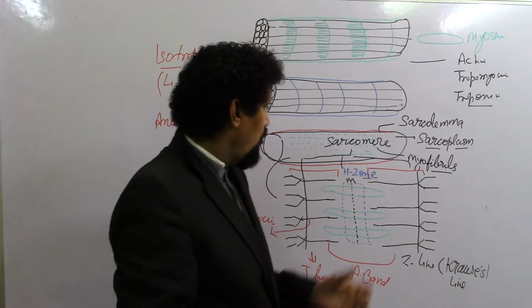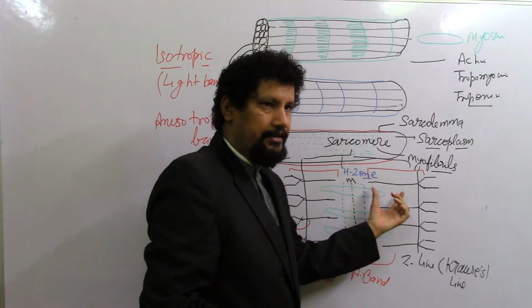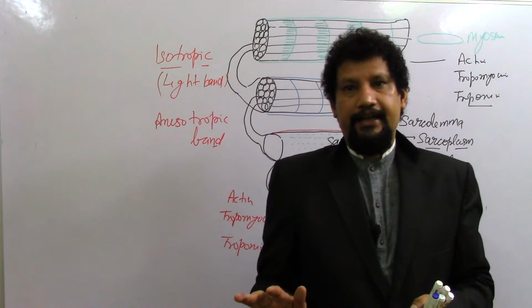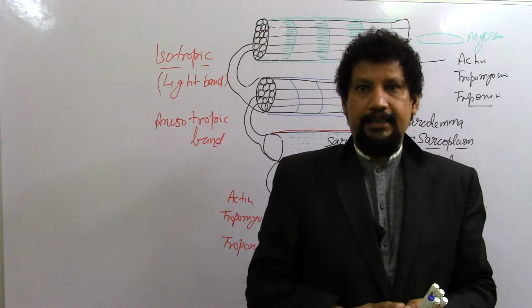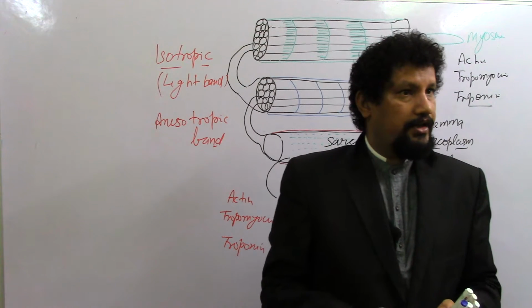So there is no individual shortening of these thick fibers and thin fibers. Listen again. There is no active shortening of the thick and thin filament during muscle contraction.